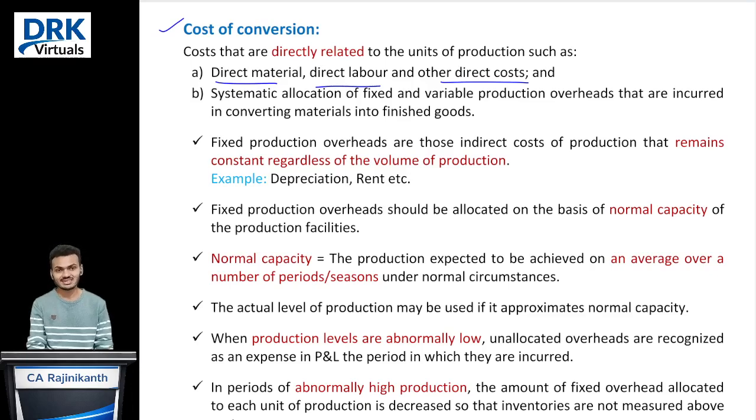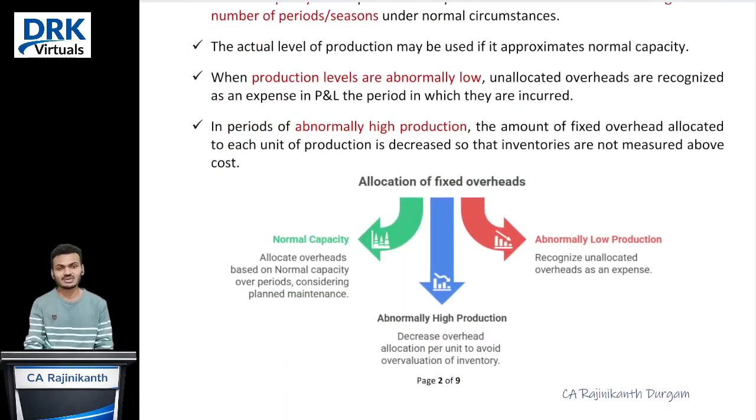So what the standard is saying is to allocate the fixed cost on the basis of either normal capacity or actual production, whichever is higher. Suppose our normal capacity is 5 lakh units and our actual output is also 5 lakh units. Allocate on the basis of normal capacity: fixed cost divided by normal capacity. So that per unit value we will get, now you multiply with the actual output.